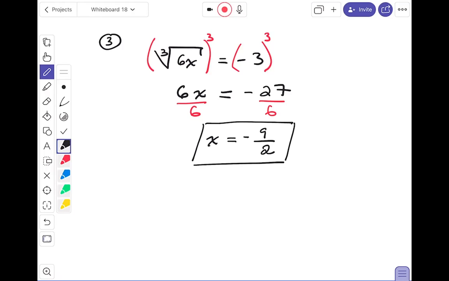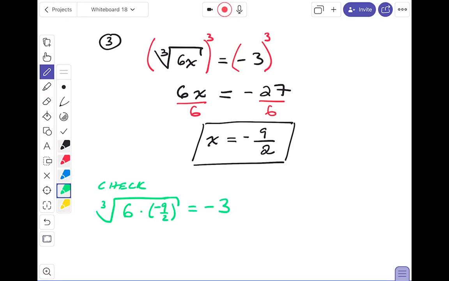How do you check it? In the original. All right, so let me just write down the check for you. And put check over here. The original was a cube root of 6 times, well, I believe it's minus 9 over 2. And they said that should be equal to minus 3. This is the original equation.